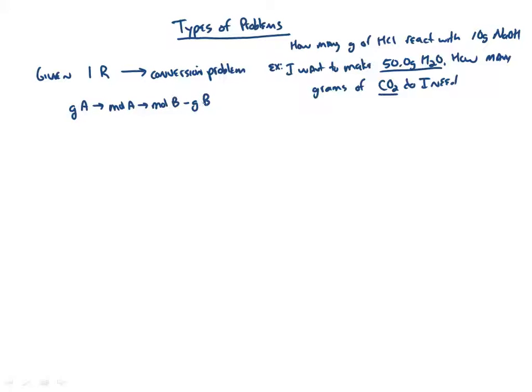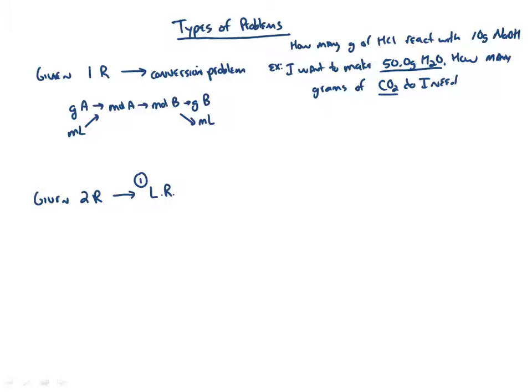Now, that can change because remember, it could also be milliliters to milliliters. So we can word the problem in a number of different ways, but in this case, you're only getting information about one compound, right? And if you're given information about two reactants, then almost always that means that the very first step you have to do is calculate the limiting reactant.